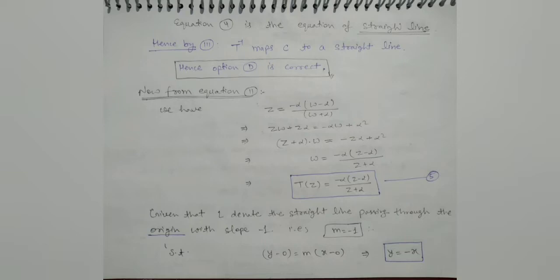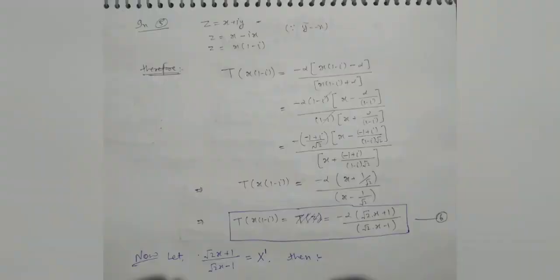Now given that L denotes the straight line passing through the origin with slope minus 1, that is m is equal to minus 1, such that the equation of the line is y is equal to minus x. Now in equation 5, z is equal to x plus iy, put y is equal to minus x and we get z is equal to x into (1 minus i).